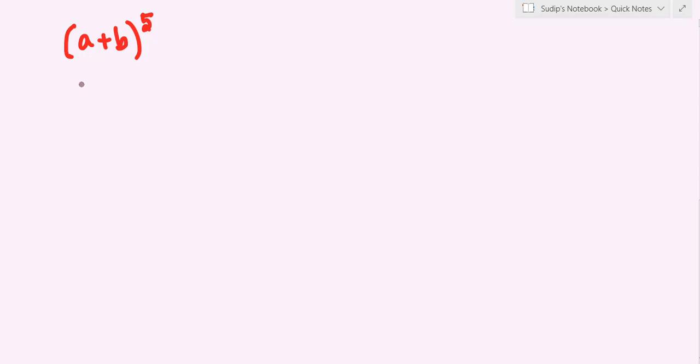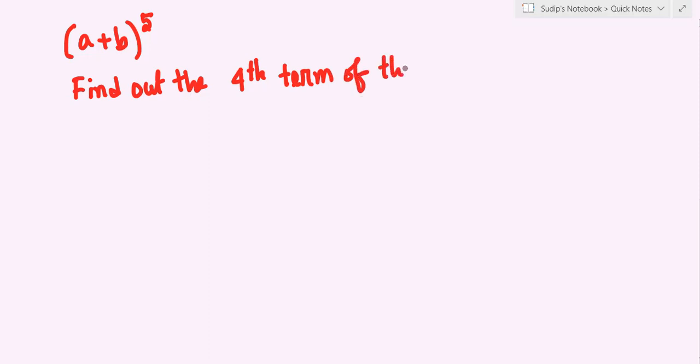Now you are asked to find out the fourth term of the expansion. So how to do this?